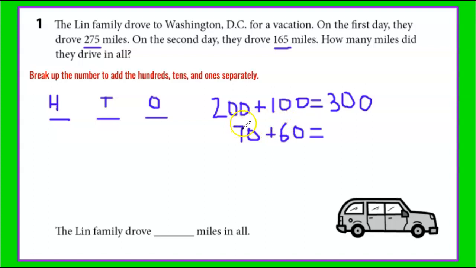So I had a 7, hold up my fingers, 8, 9, 10, 11, 12, 13. So 7 plus 6 is 13, but I need to keep my 0 to have 130. And now I have my ones, and I know that 5 plus 5 is 10, so I have my 10 ones. That's how many ones I have. So 10 plus no ones equals 10.